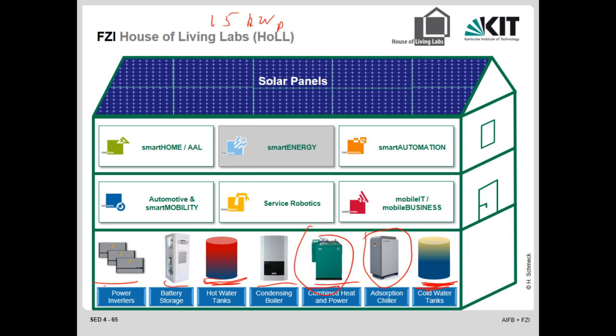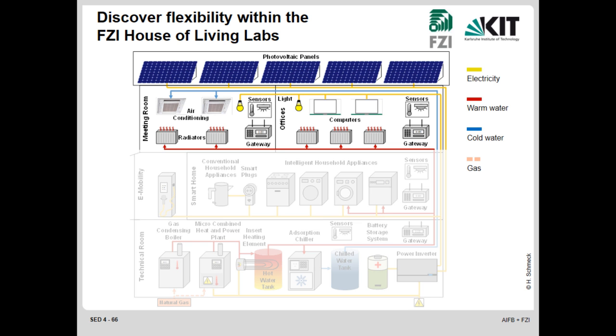And okay, that's then this slide shows that this house actually is equipped also with quite a bit of sensors and different types of energy carriers. So we have electricity, we have warm water, cold water, we also have gas.